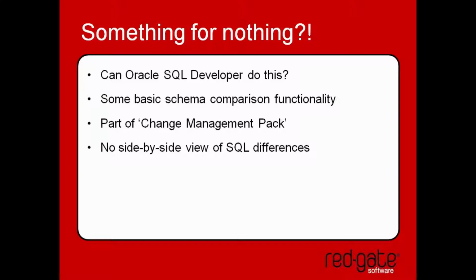It does come with the proviso that although the IDE is free, to use the schema comparison functionality, you need to have a license for the change management pack, and the change management pack is not free. It's licensed per CPU, and it's thousands of dollars. So there's a cost associated with this that you need to think through.